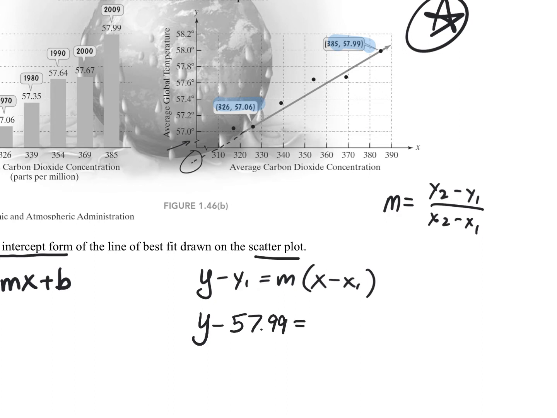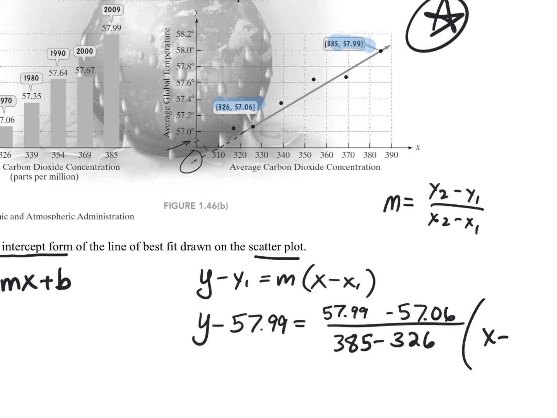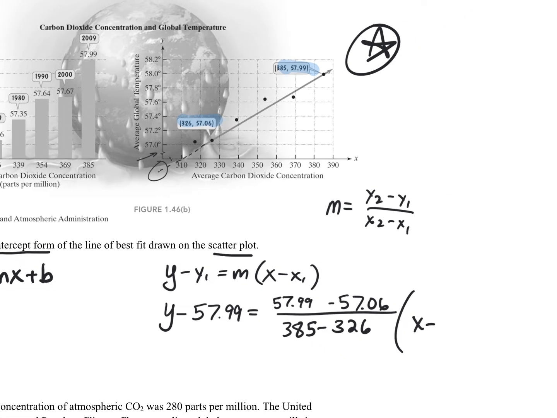Let's write the whole thing out. 57.99 minus our y1, which is 57.06, all over x2 minus x1, 385 minus 326, all times x minus our x. We used 0.2, so let's make sure we make that 385.